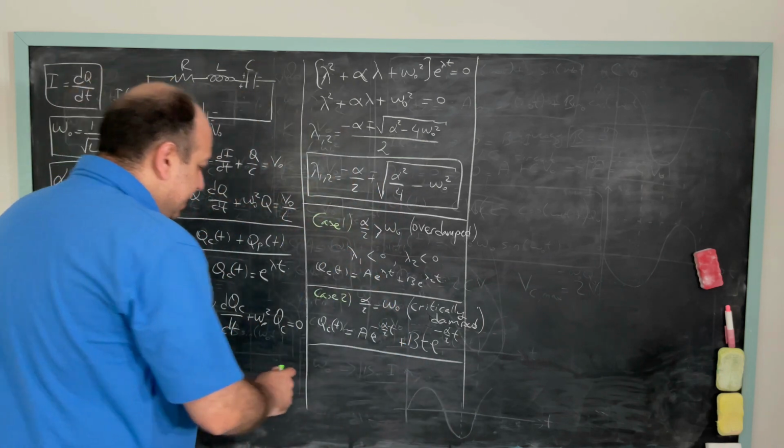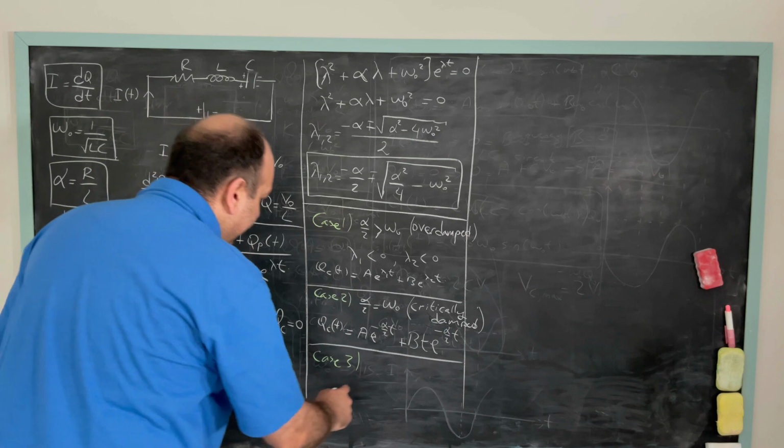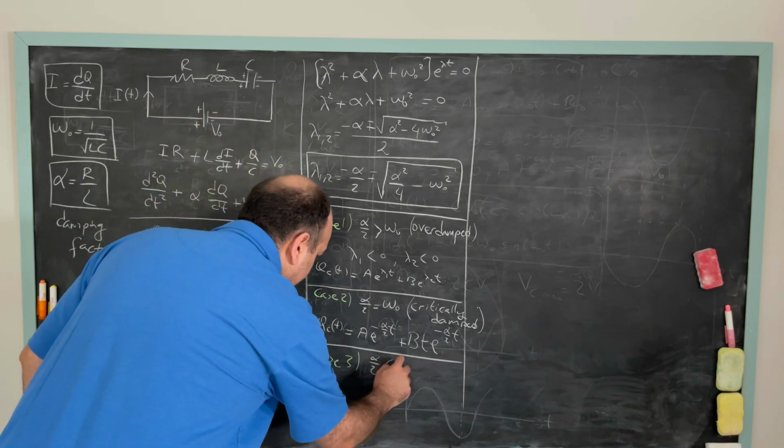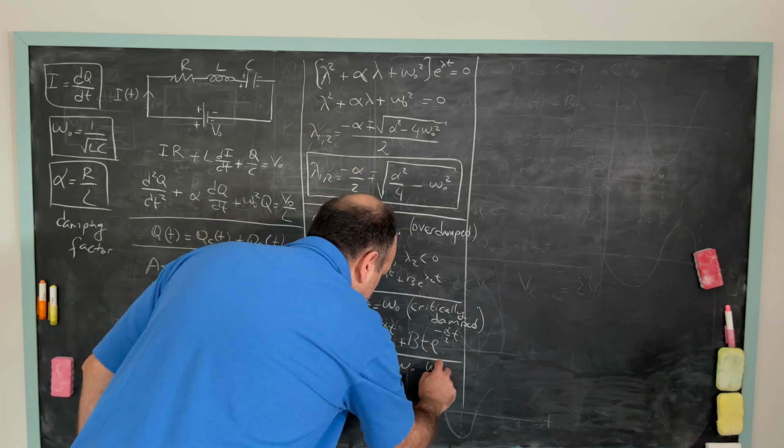So what is case 3? In case 3, we may have alpha over 2 less than omega naught, and this is called underdamped.